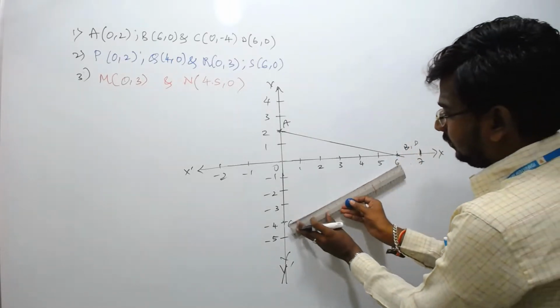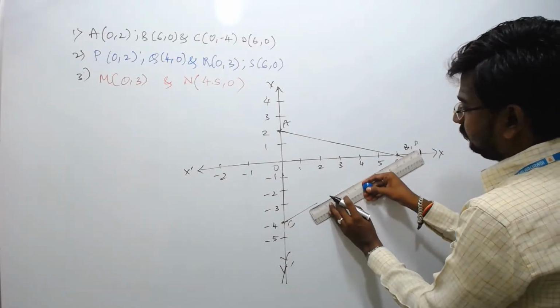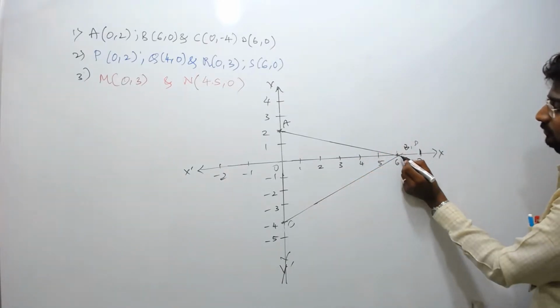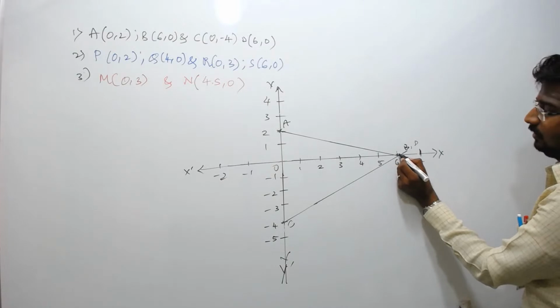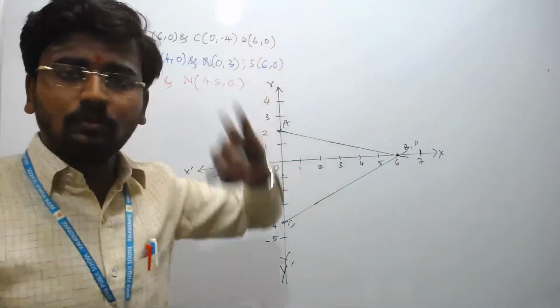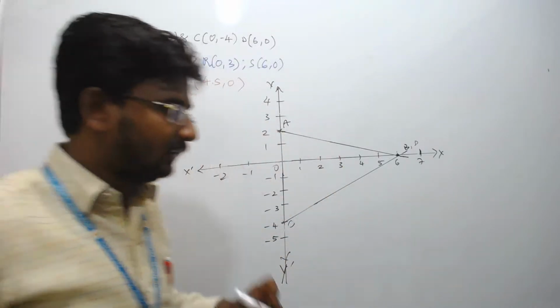They are intersecting. Again join this. First line is done now. Writing the equations and all we will do at the last. Black ink represents intersecting lines. Now intersecting is done.